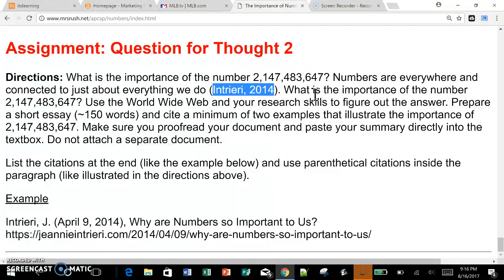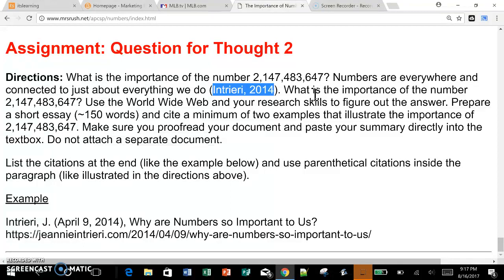I didn't take a direct quote. Numbers are everywhere and connected to just about everything we do is actually a paraphrase. It essentially says the same thing as what the author had written, but it's not word for word. So you need one parenthetical citation like I have right here. You need two sources, and then you'll put those at the end. The two sources do not count in your word count.